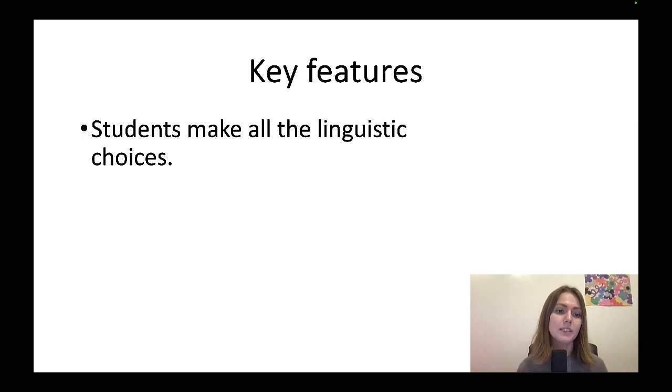You cannot be telling them what kind of language to use. You can't be like, okay, discuss this, use there is, there are, or ask your partner 5 questions about their childhood, but only use indirect questions. That's not what a communicative activity is. That's what a controlled practice is, but not a real communicative activity.